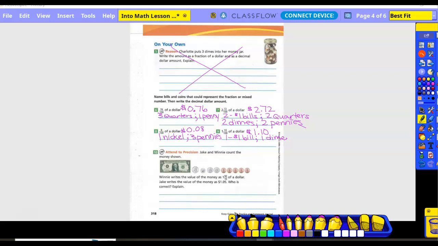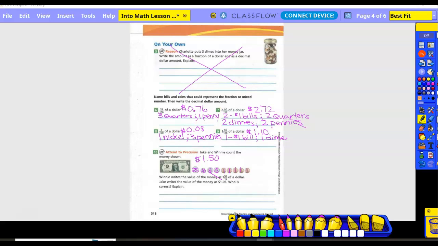Then how much is this? 25, 10, 5, 5, 1, 1, 1, 1, 1, right? So what is 25 plus 10? 35. We got 40, 45, so 50. So we have $1.50, correct?